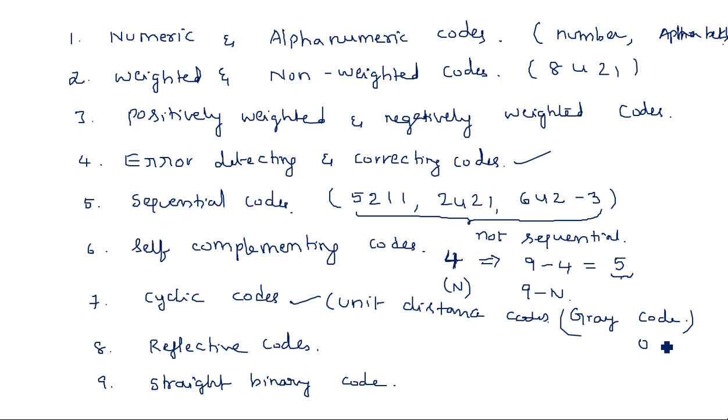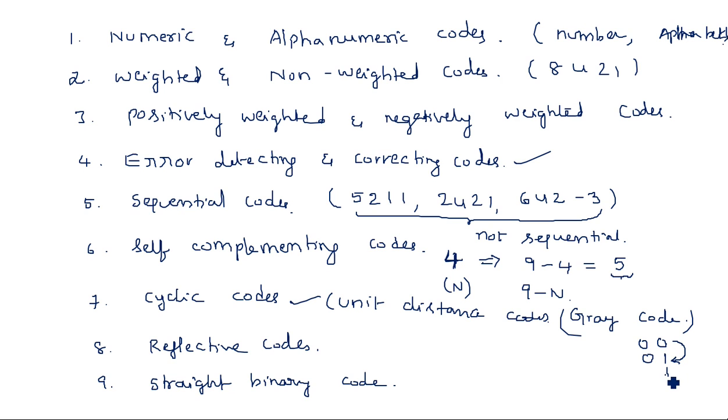Suppose 0 0. The next number should be 0 1. From here to here we should have only one unit distance. One unit distance is nothing but only one bit should be changed. That means 0 is converted into 1, and the other 0 is 0 only. How many units of change are there? 1 unit.